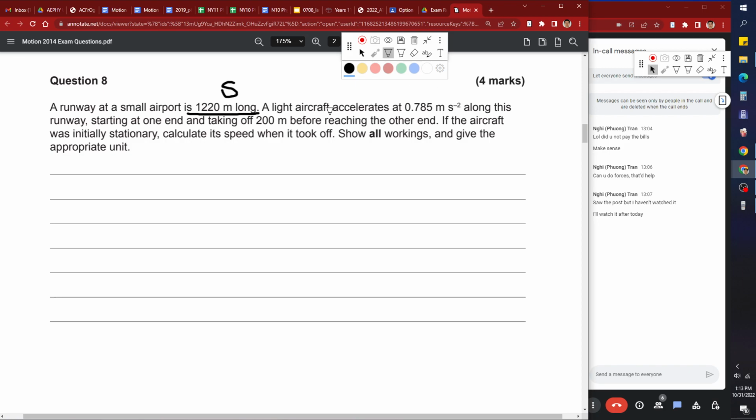It says the aircraft accelerates that much, so there's our A, acceleration, starting along this runway, starting at one end and taking off 200 meters before reaching the end. Okay, so this is not quite the S then, really, okay? So we need to take off 200 before the end of the runway, which is this long. So we're just going to subtract 200 from that, okay?